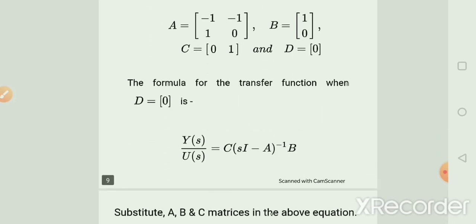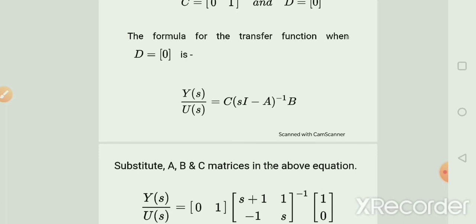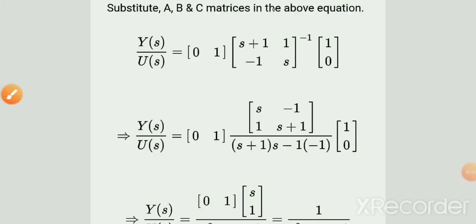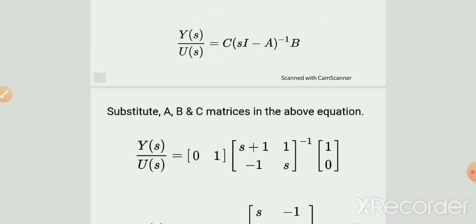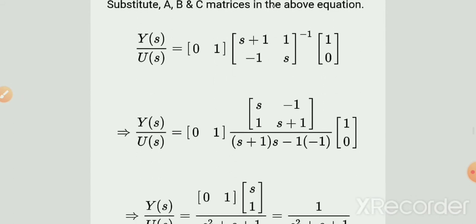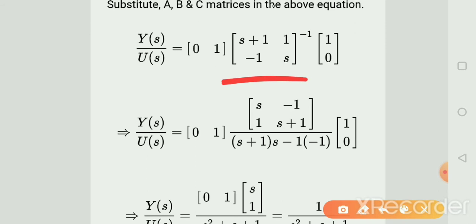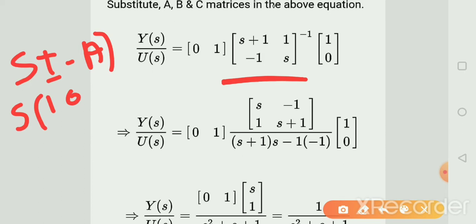Now the formula becomes Y(s) over U(s) equals C into (sI minus A) inverse into B. Now we substitute all the values of the A, B, C matrices in this equation. So we have here sI minus A. We know that I is the identity matrix, which is 1 0 0 1, so here we have s 0 0 s.